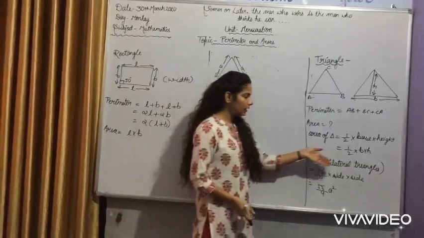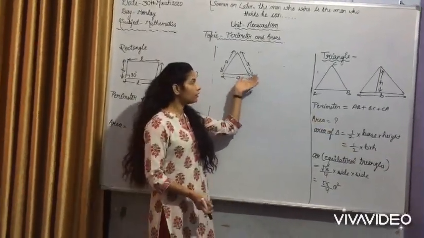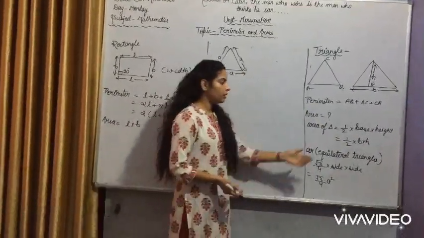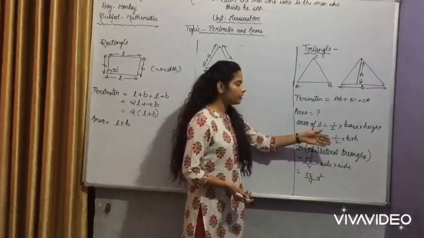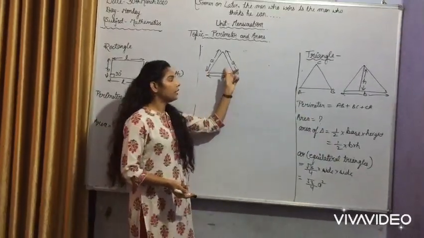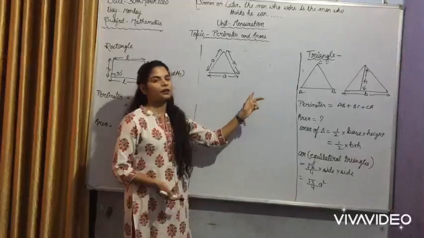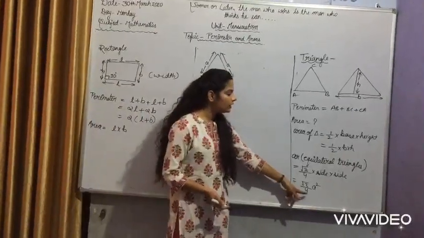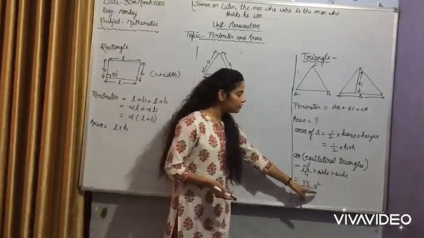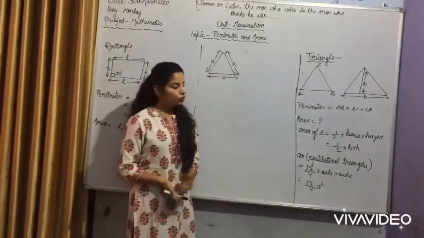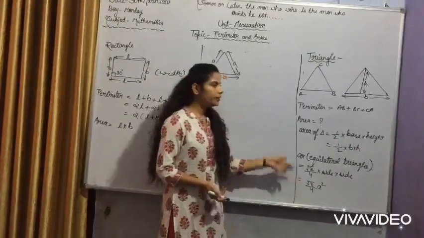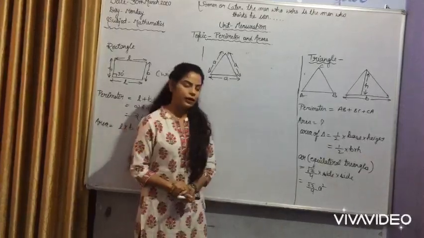Does it mean that this formula will not be true for this one? No. This is a universal formula. You can use this to find out the area of an equilateral triangle also, but this one is quite easier as the only required thing is the side. So this formula is particularly used for equilateral triangles.